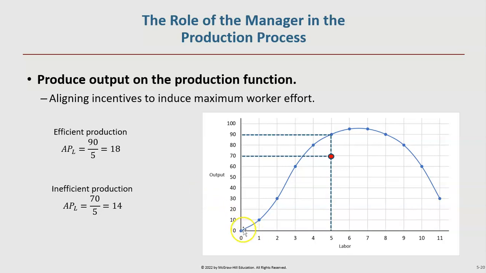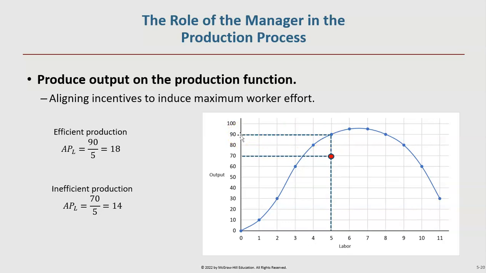We've got the total product curve as output goes from 0 to 11. And I've added a couple lines here just as an example, the labor input of 5. So the efficient amount of production when the labor input is 5 is 90. That's the most output and the most windows that we can produce.